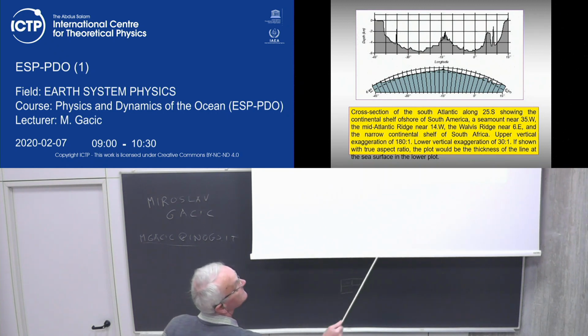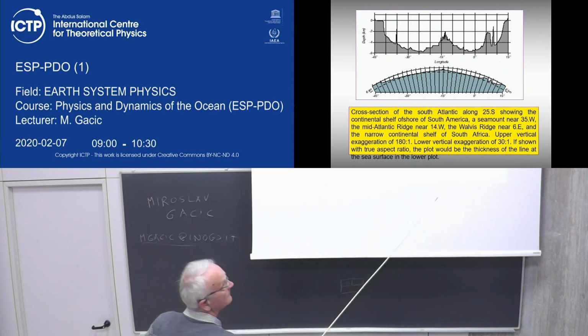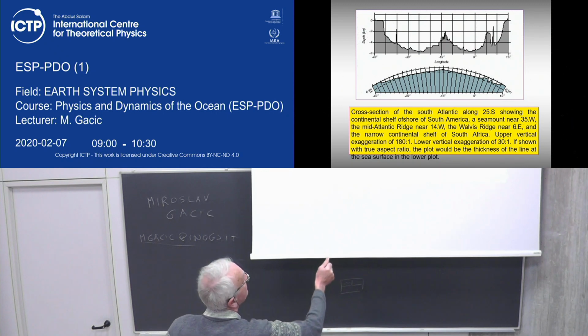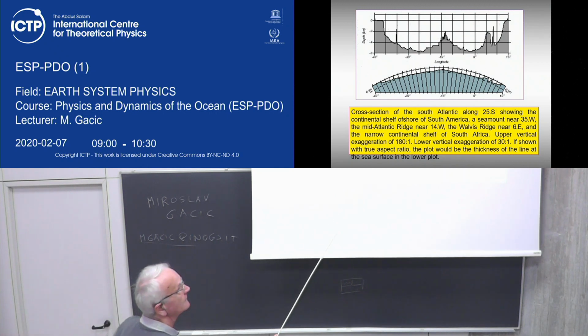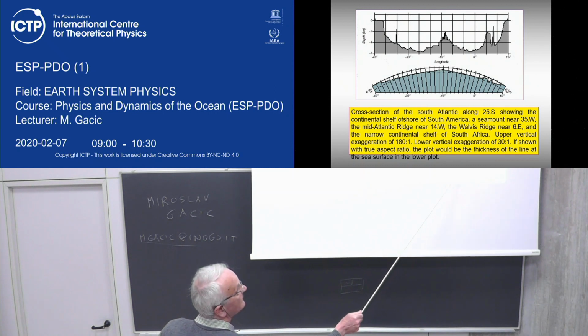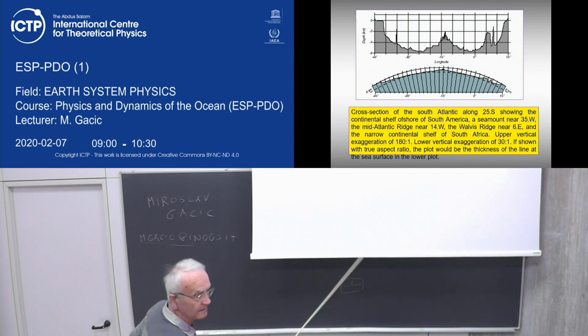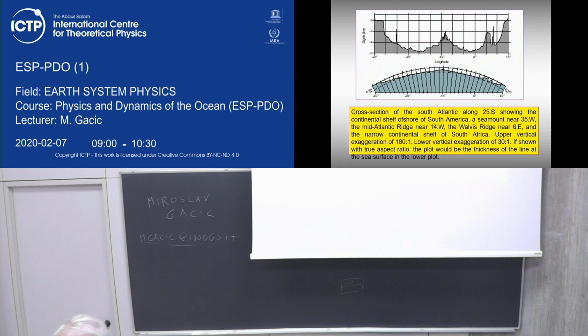The narrow continental shelf of South Africa. And here you can see the vertical exaggeration is 180 versus 1. If we take a lower exaggeration, 30 to 1, which is this one here, you don't see practically anything. If you do 1 to 1, then you don't see anything.